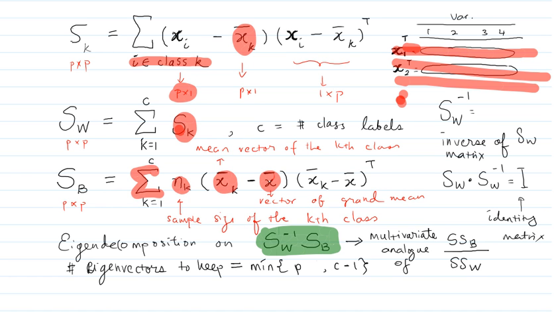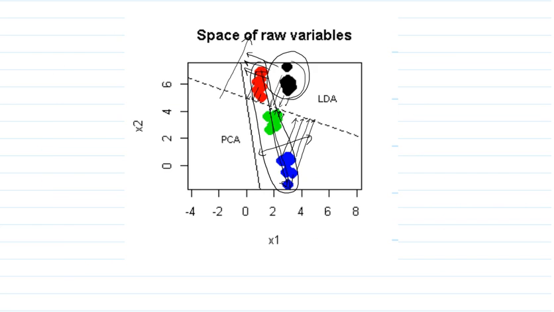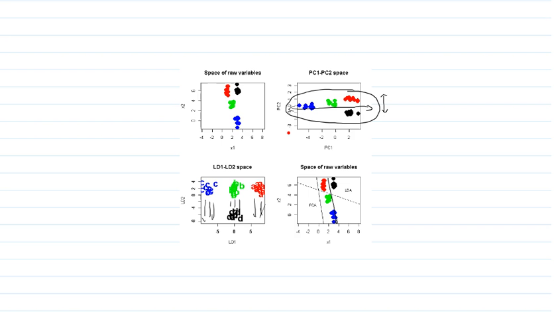So just now in the previous example, you see that there are actually two LD axes, and that's because the data only has 2 dimensions. So we basically just have a minimum of 2, and C is 4 minus 1, so the minimum is 2.